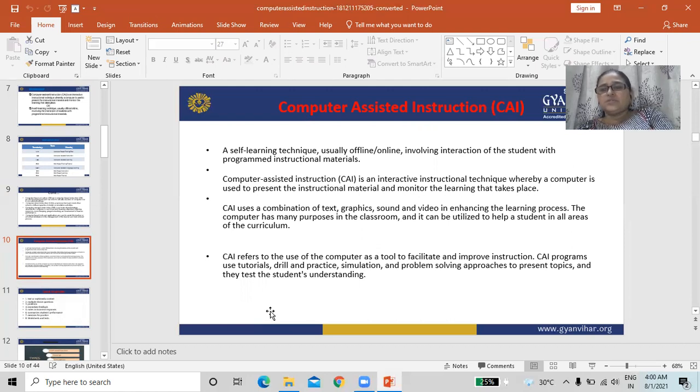Computer assisted instruction programs use tutorial, drill and practice, simulation, and problem solving approaches to present topics, and they test the student's understanding.